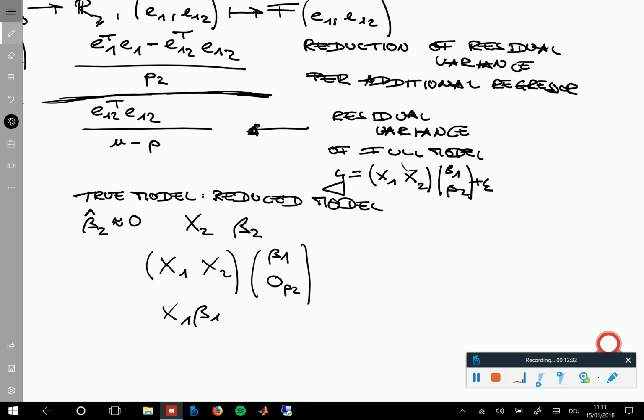So if the true model is the reduced model, what we actually have is that E1 transpose E1 is approximately the same as E12 transpose E12. Yeah.